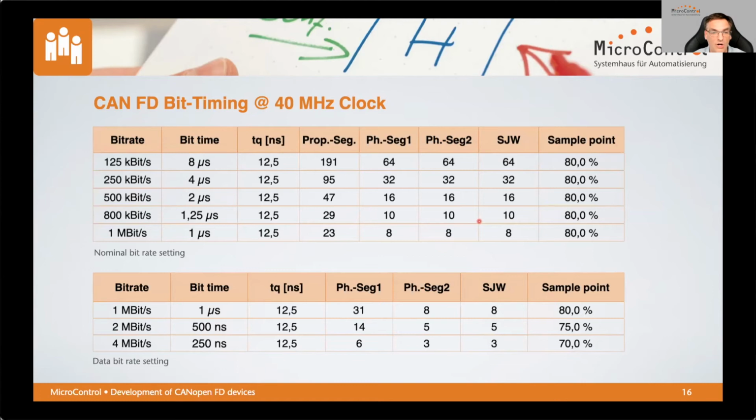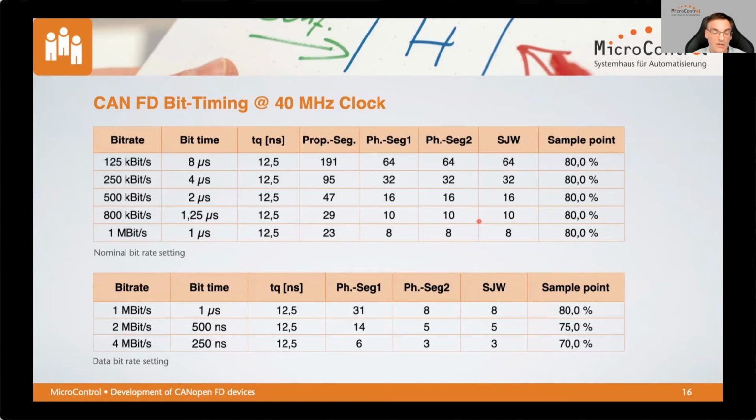First of all, we have to look into the specifications and into CAN FD bit timings. If you have a look in the existing 1301, you will see that there are bit timings there for an 80 megahertz clock. And you will now say, hey, why are you telling us something about a 40 megahertz clock here? The answer is, yeah, we have to rewrite the specification.